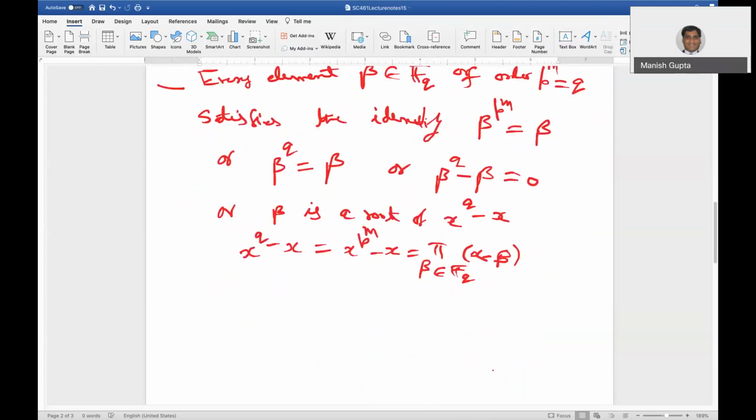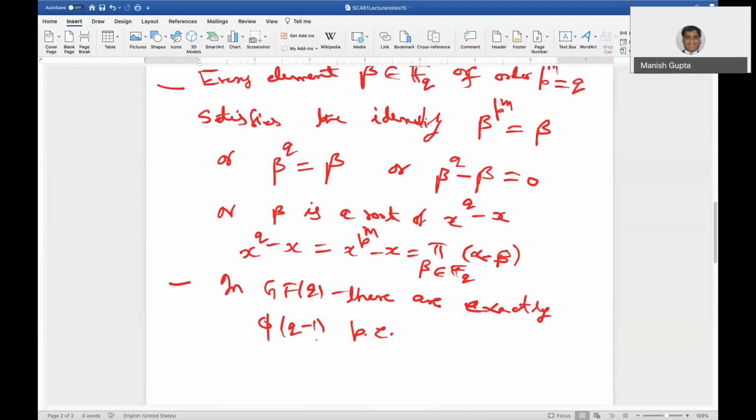Next result, again I am writing as a fact. In GF(q), there are exactly phi of q minus 1 primitive elements. How many primitive elements are there in any field?